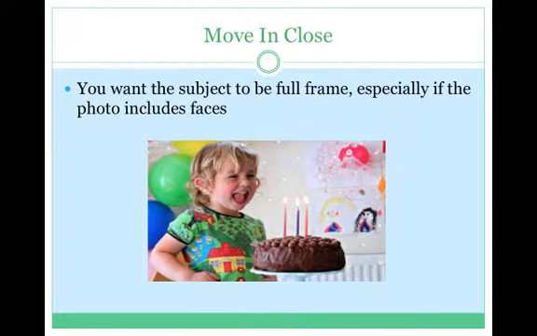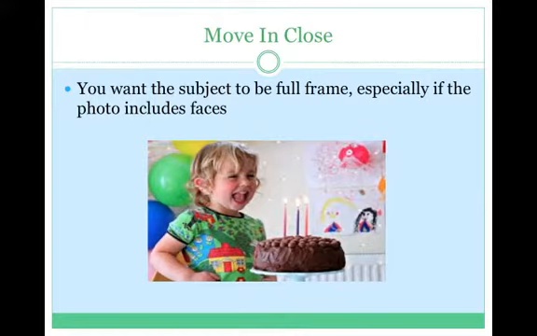Move in close. So, if you're getting a picture of a child's face, make that picture as full frame as possible. So you want to get close to your subject. You want to make it easy for us to see what the focus of your photo is.